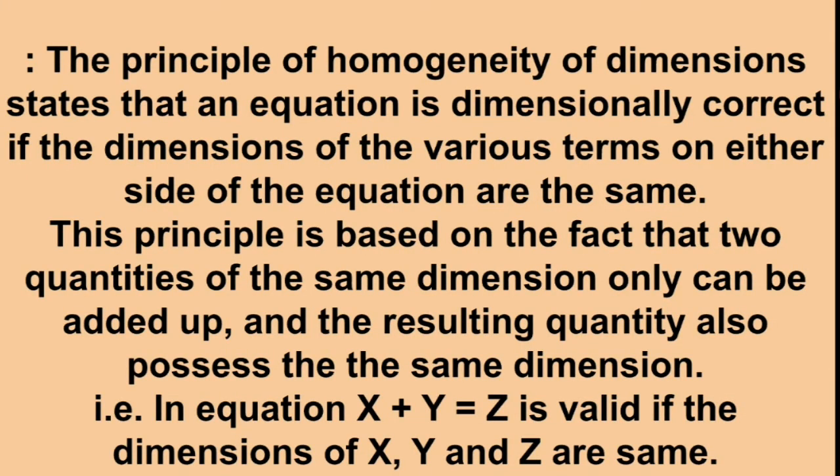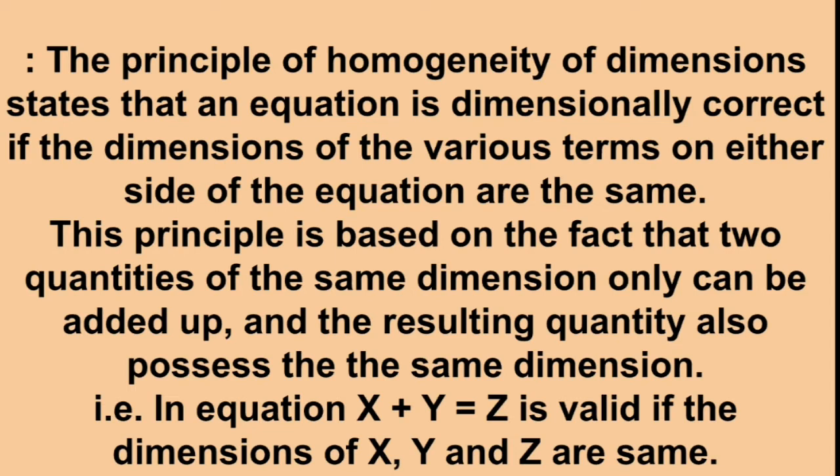The principle of homogeneity of dimensions states that an equation is dimensionally correct if the dimensions of the various terms on either side of the equation are the same. This principle is based on the fact that two quantities of the same dimension only can be added up and the resulting quantity also possesses the same dimension.